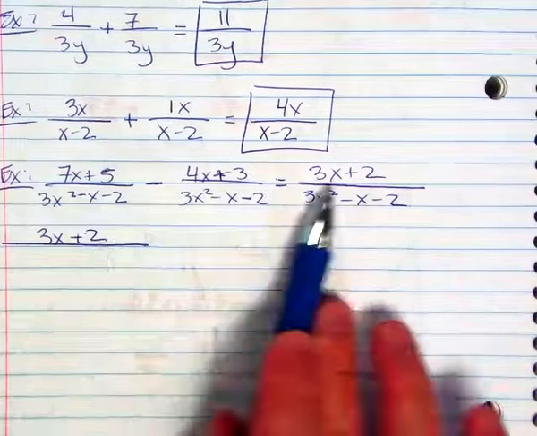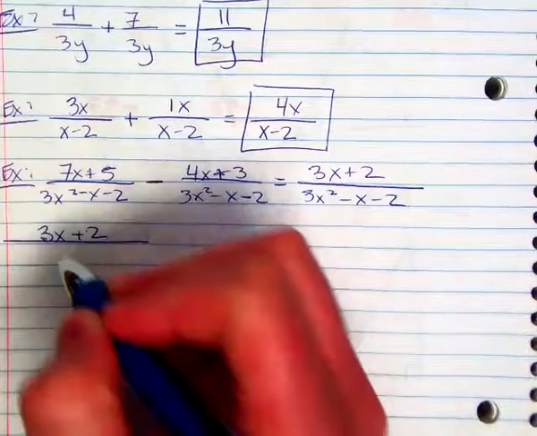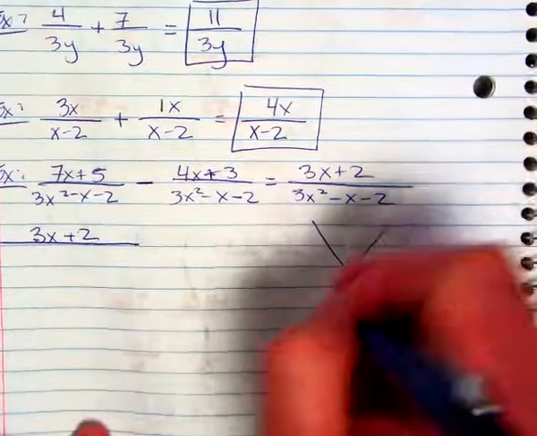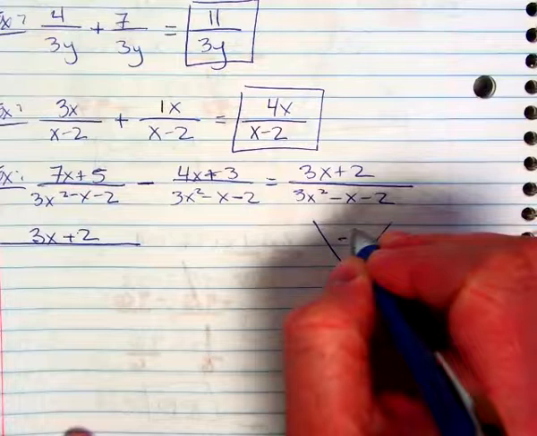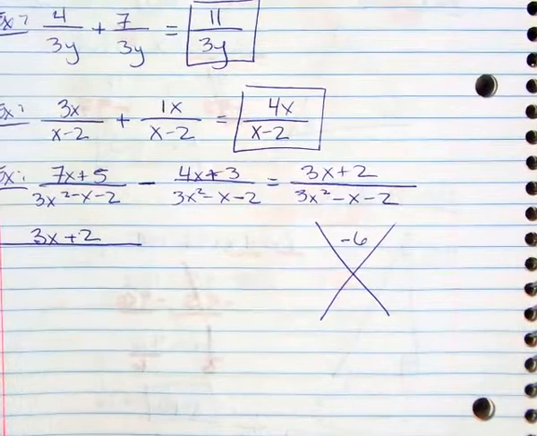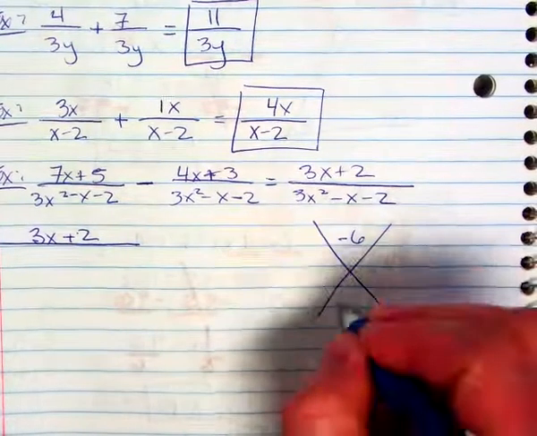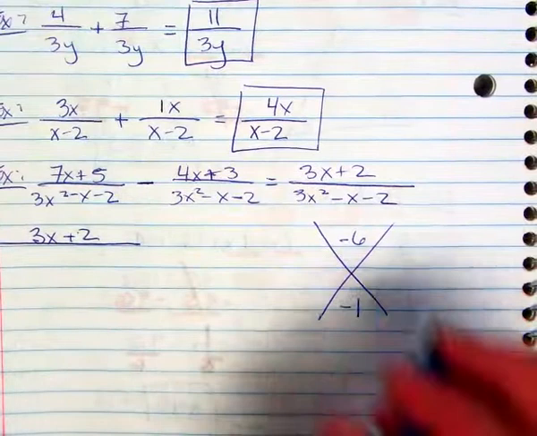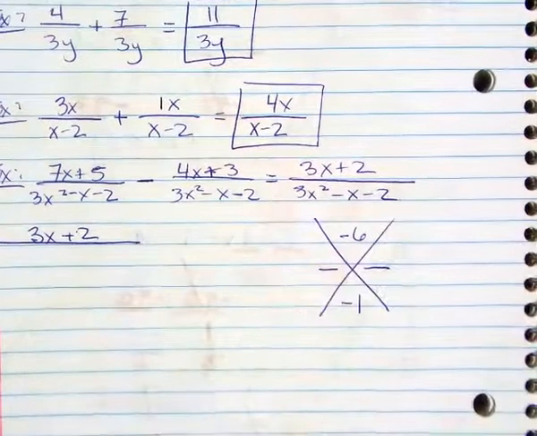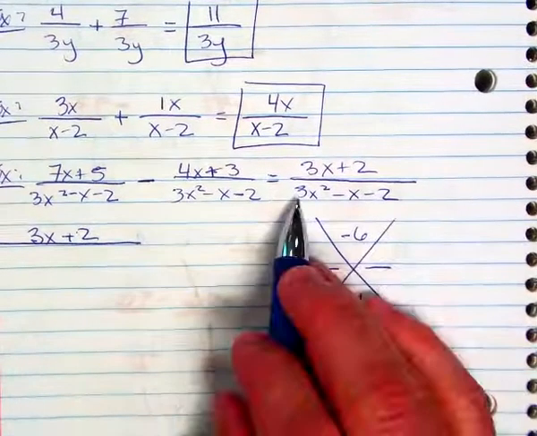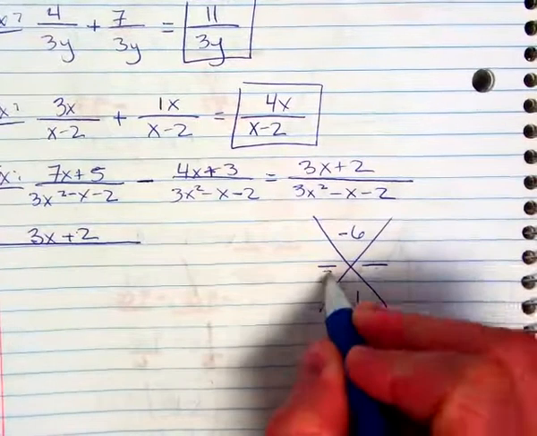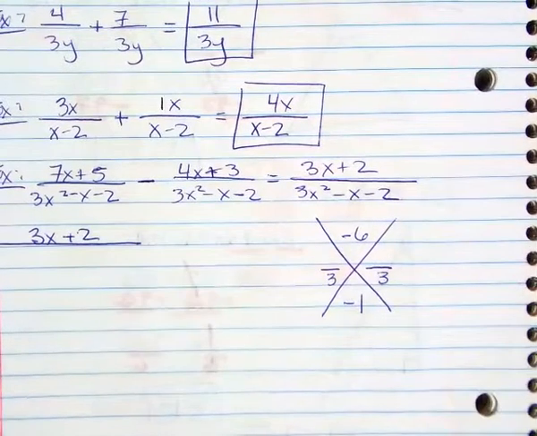3x and 2 don't have anything in common, so I'm going to leave it alone. But on the bottom here, 3 times negative 2, I am multiplying to make negative 6. B is negative 1, so I'm adding to make negative 1. And last week we had a lot of people forget this part. A is 3, so my denominators are 3's.